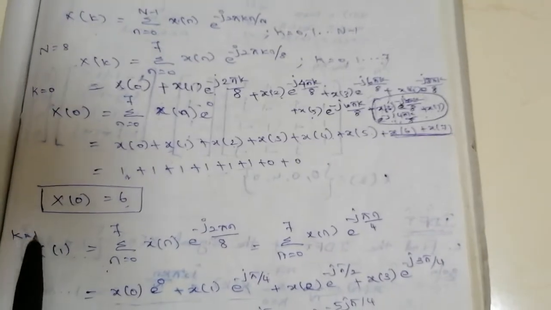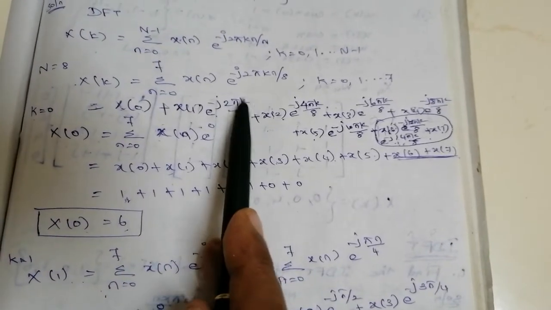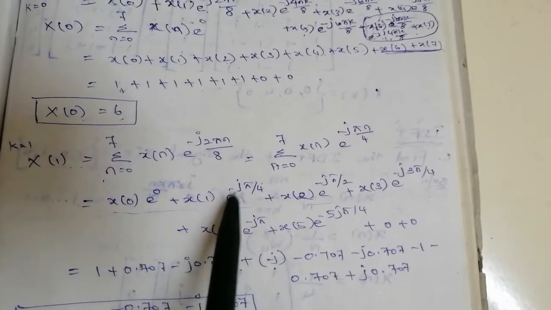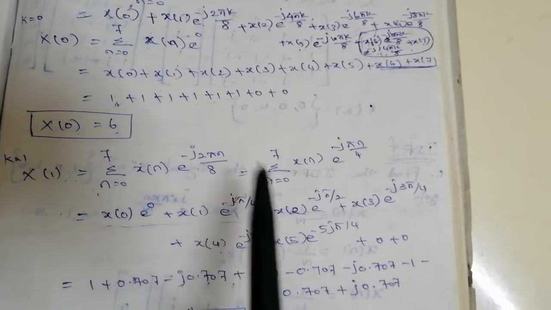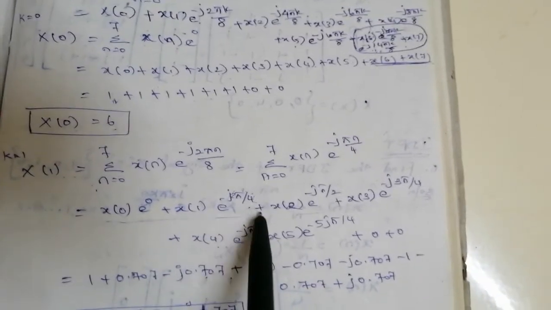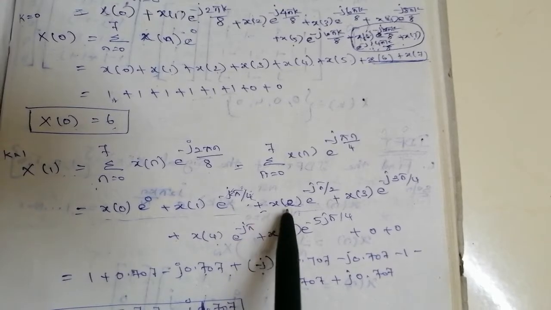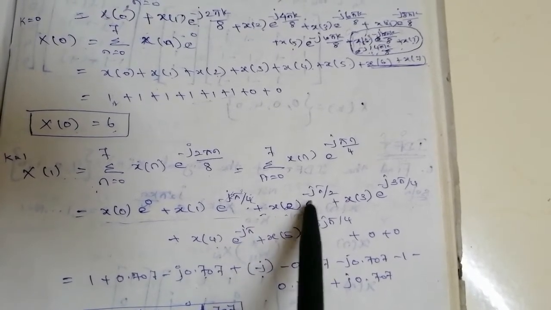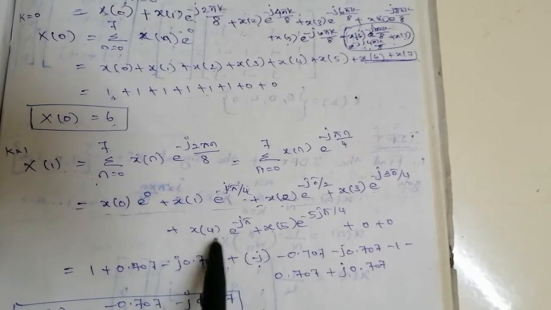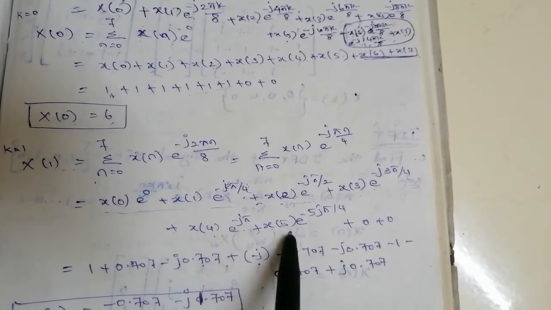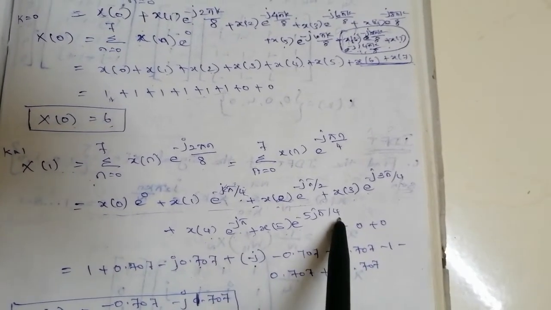For k equal to 1, we get e power minus j 2 pi by 8; 2 pi by 8, the 2 and 8 cancel, giving pi by 4. Then plus x of 2 e power minus j pi by 2, plus x of 3 e power minus j 3 pi by 4, plus x of 4 e power minus j pi, plus x of 5 e power minus j 5 pi by 4.